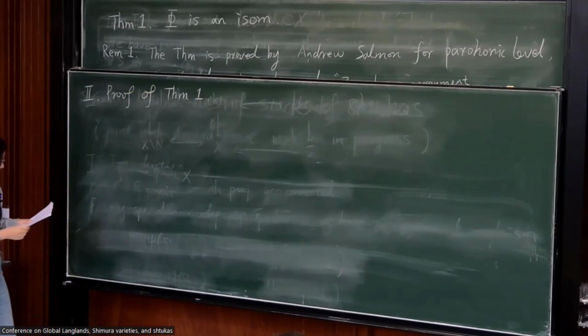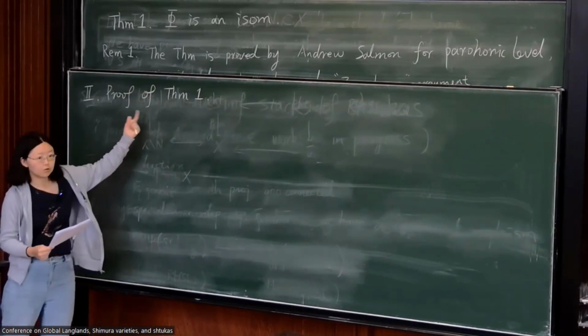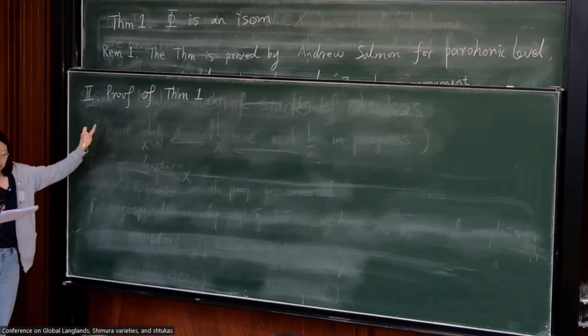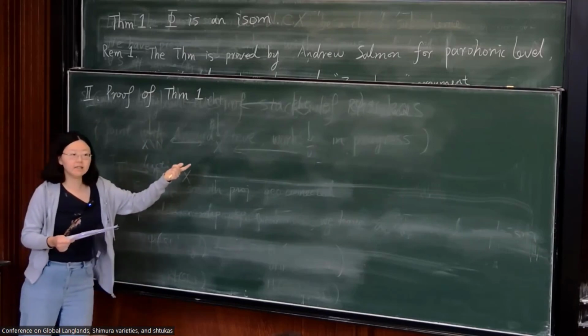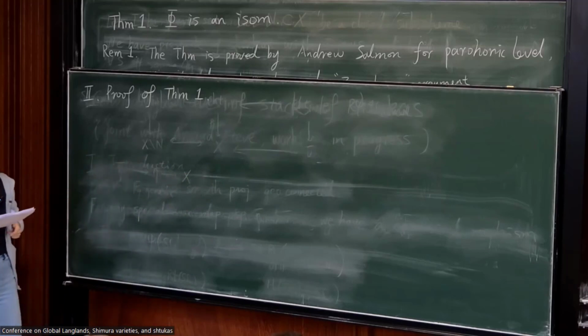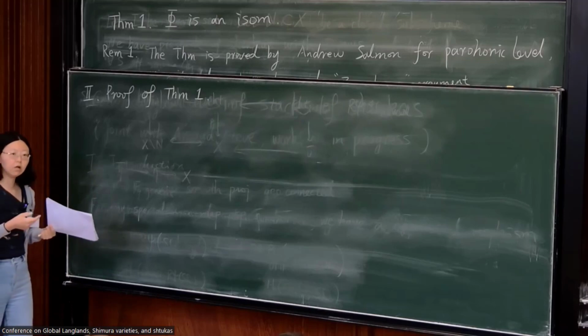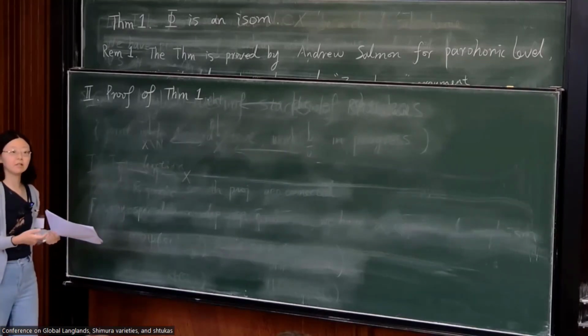For the synchrotron case, the key ingredient of the proof, and what is new compared to the case when V is outside the level, is the idea of Andrew Salomon, which relates the nearby cycle of the diagonal to the iterated nearby cycles.